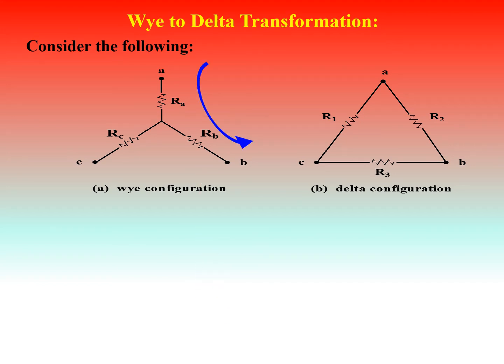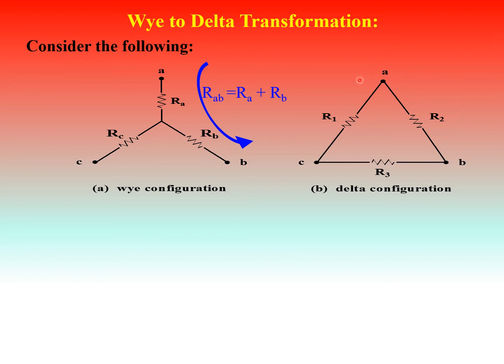Let us suppose here between A and B, what is the resistance? RA plus RB. Similarly here, what is the resistance between these two points A and B? Many people think that this is the resistance R2 between A and B, but that is not correct.